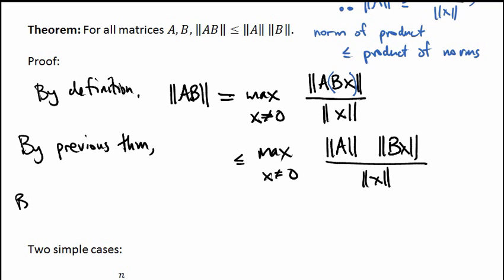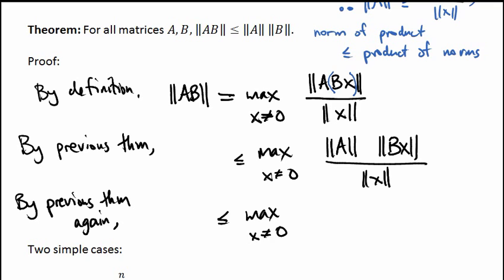Well, by the previous theorem again, applied now to the vector BX, we can replace the norm of BX with less than or equal to norm B, norm X.